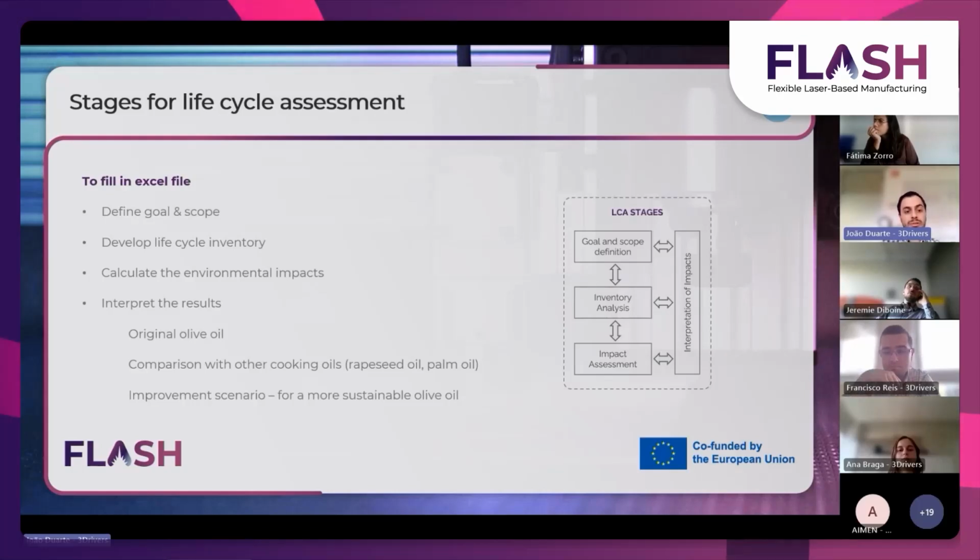We'll calculate the environmental impact using emission factors that we've taken from the available databases. And after calculating those impacts, we'll interpret the results in order to analyze the environmental impact of the production of the olive oil.